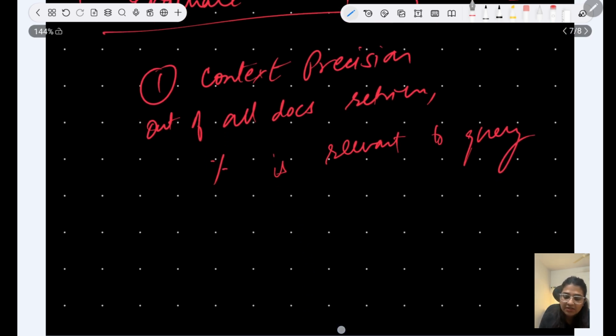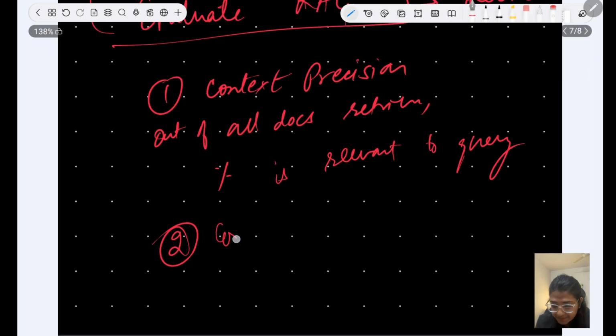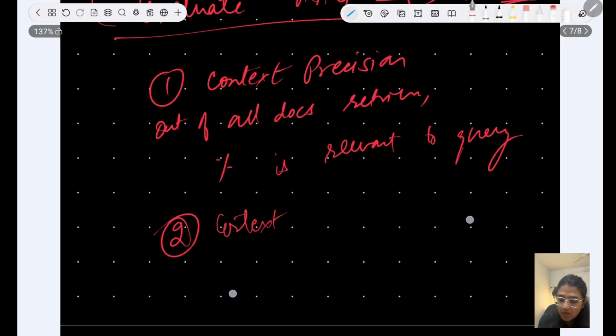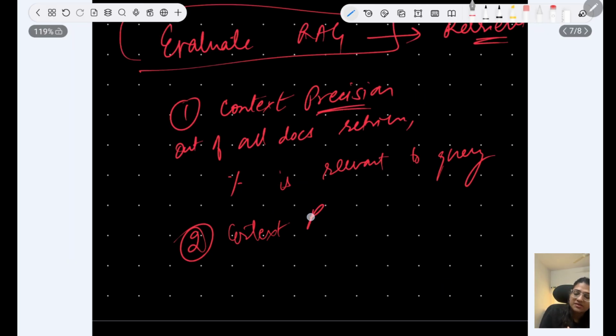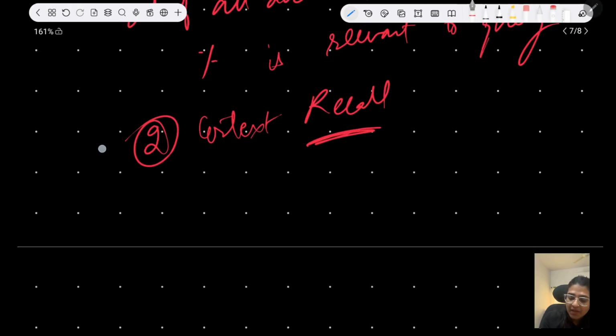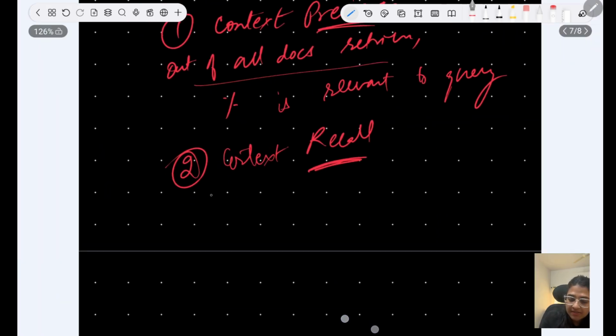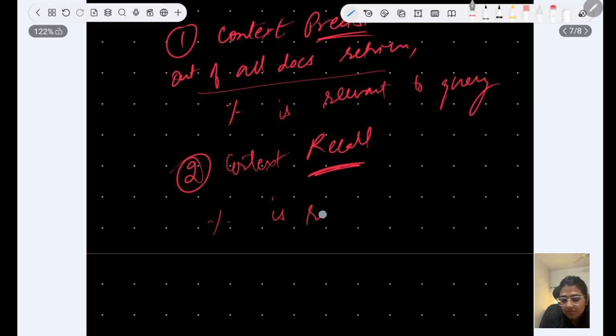That's context precision. Second, we have context recall. I think if you have some knowledge about ML basics, you would know about precision and recall, and that would really help you.